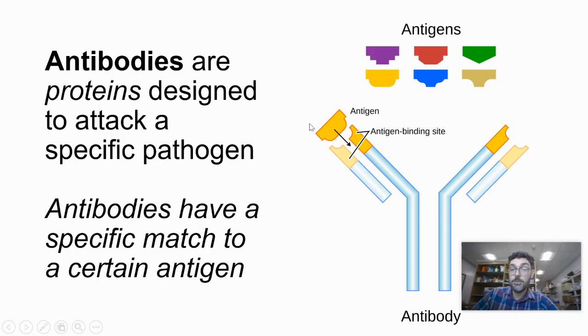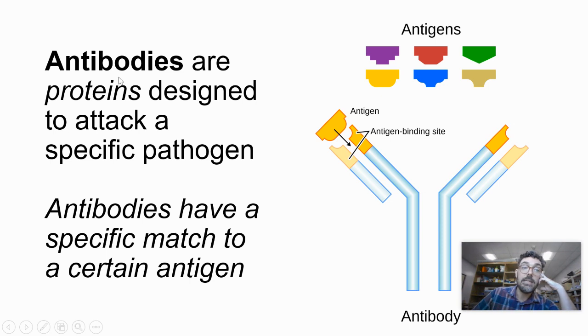So lymphocytes produce antibodies. This is an antibody. It's just a protein. It's a little Y-shaped protein. On the end of that Y-shaped protein, there's a very specific sequence of amino acids, which are built to match different types of antigens.